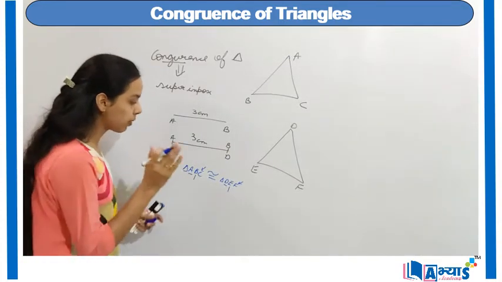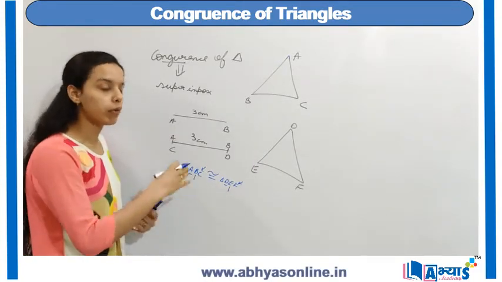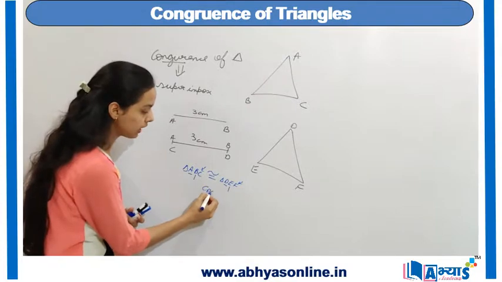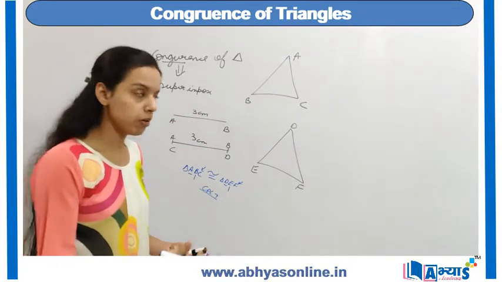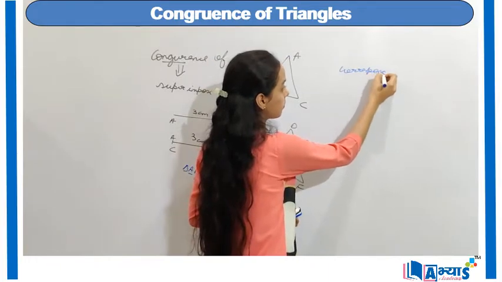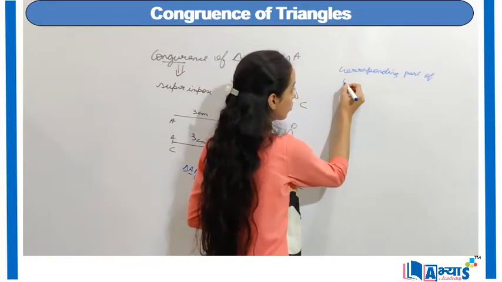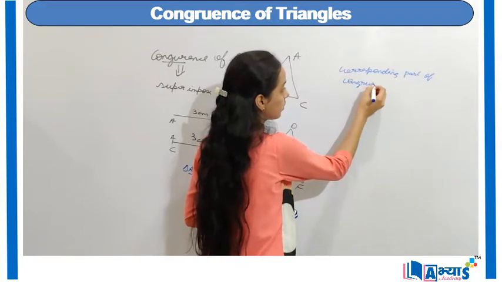When you are mentioning the exact component of one triangle to the other triangle, this is known as CPCT. The full form of CPCT is the corresponding parts of congruent triangles.